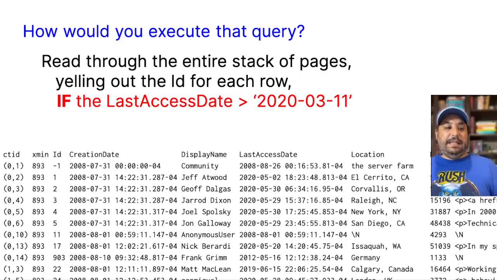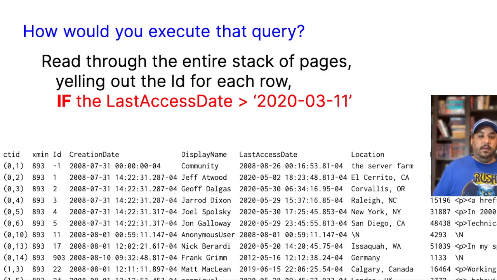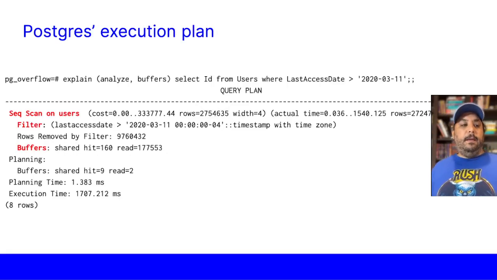We have all the data we need as we scan through these pages. We have the ID, we have the last access date, we can put that together and just tell you which ones actually match. Is that what Postgres does? Well, let's take a look.